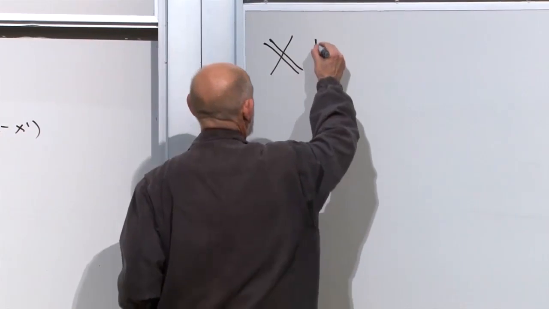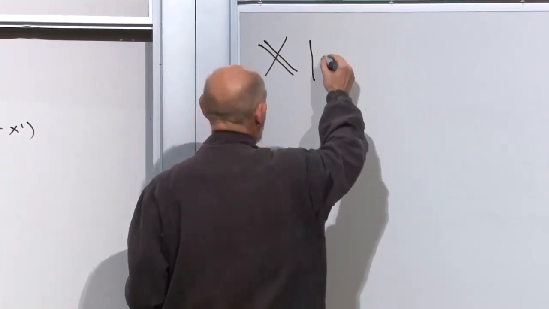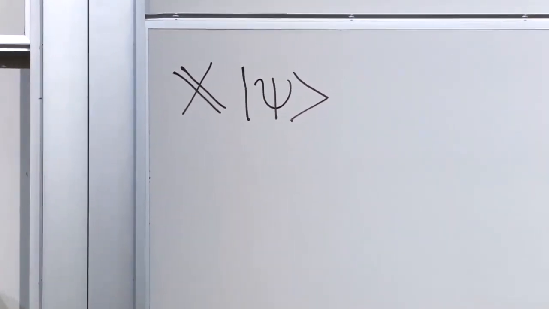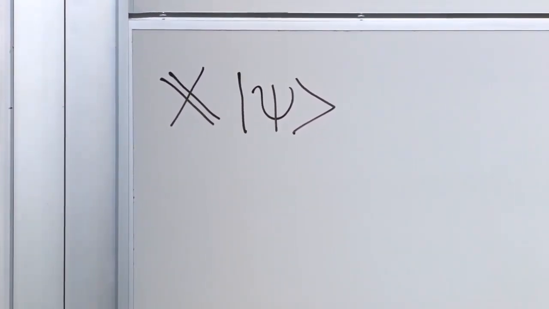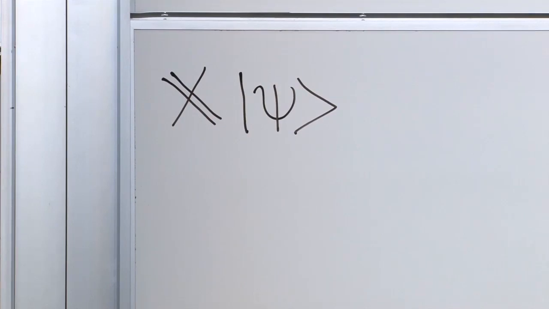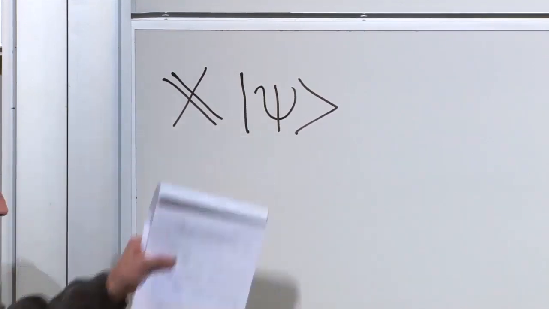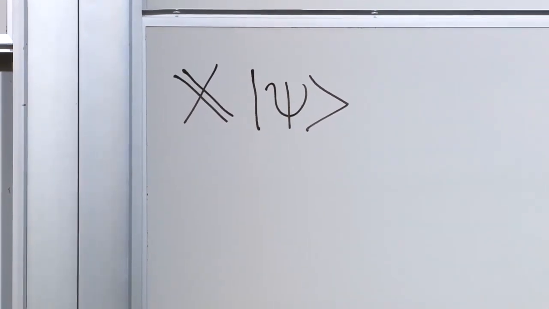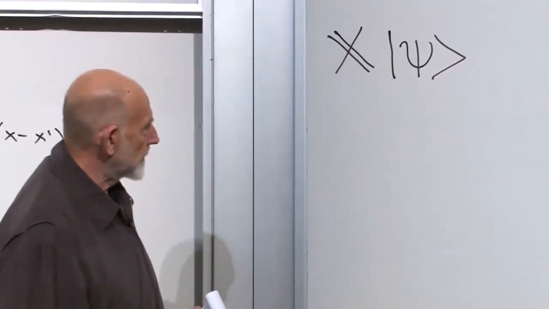Let's talk about the action of x when it hits a vector. That's what operators do. They hit vectors and they make new vectors. All right. I'm going to tell you what the action is by telling you how it behaves in terms of wave functions.